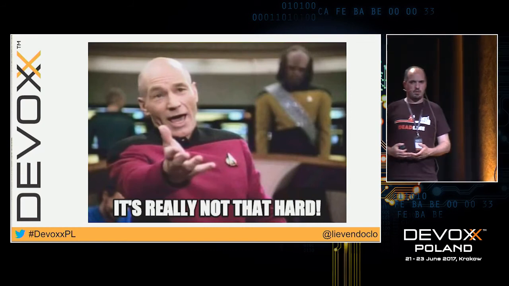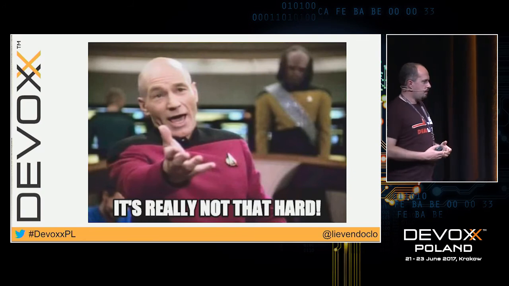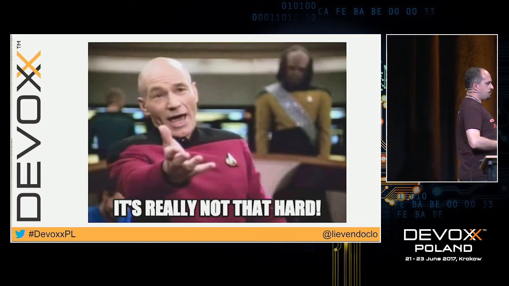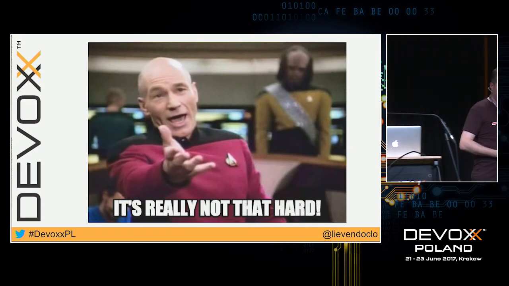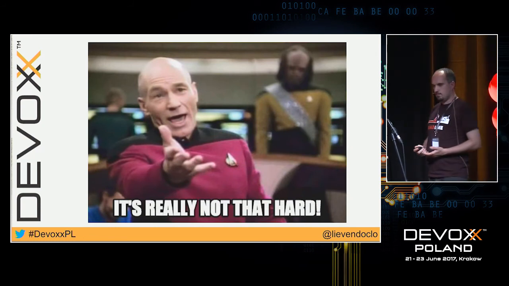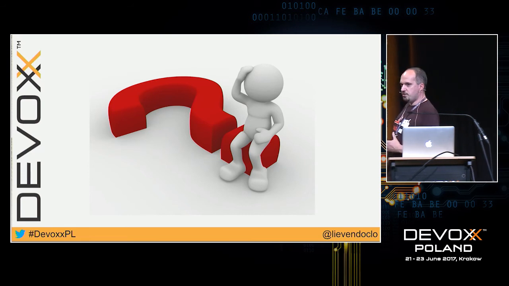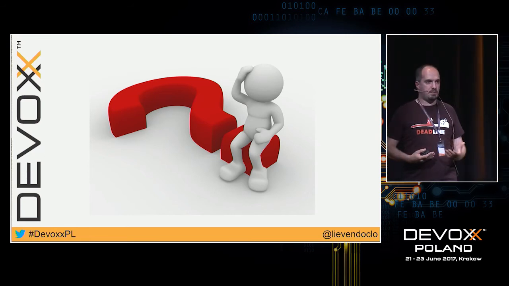But it's really not that hard once you realize that those implementations can be deferred to a later point in time, and that you can just focus on the code that your client wants. So, are there any questions about clean architecture or any of the implementation patterns that you see here?